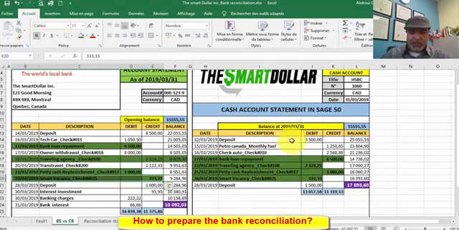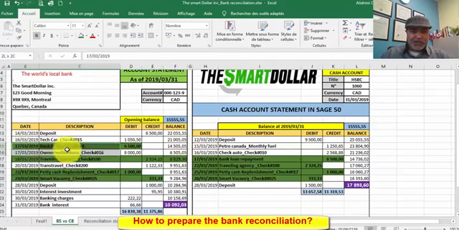Good. What else? Okay, I think 1, 2, 3. So we have 3 figures balanced, which means we found those 3 figures or amounts in our cash book, and also we found them in our bank statement.